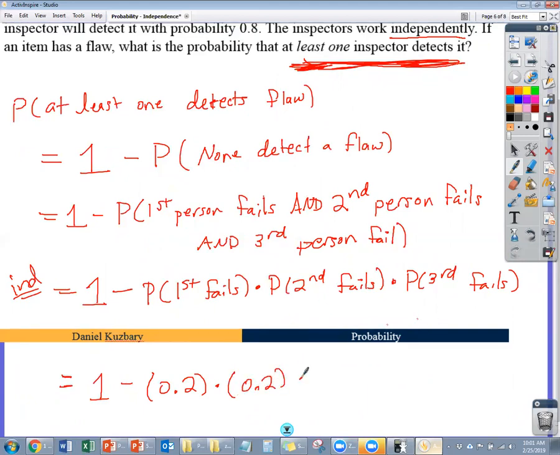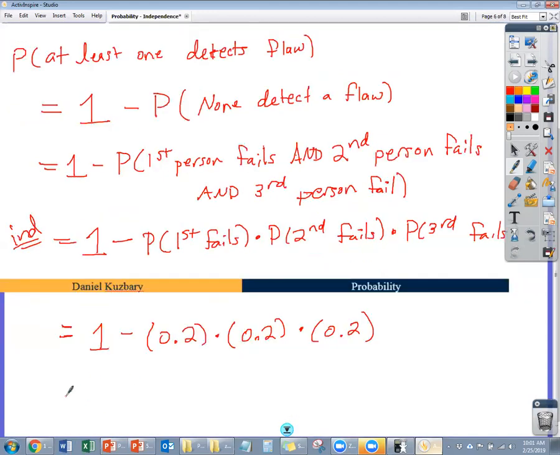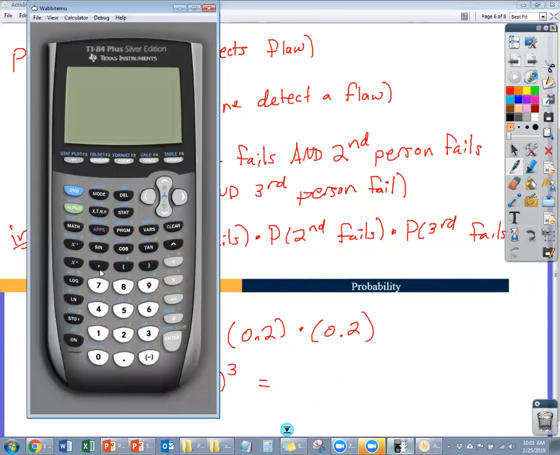The chance that the third person fails is also 0.2. They all have a chance of succeeding of 0.8, 0.8, 0.8. The chance they fail is 0.2, 0.2, 0.2. So this could also be written 1 minus 0.2 to the third power. And I'm going to find that on my calculator now. So 1 minus 0.2 to the third power is going to be 0.992.